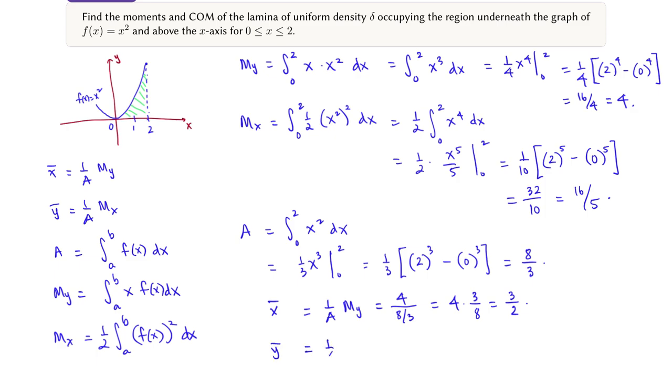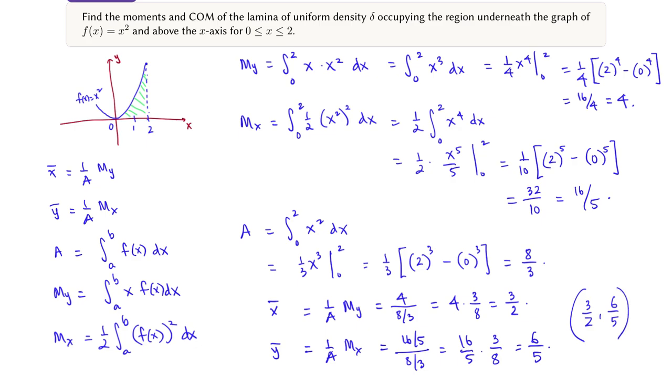Y bar is 1 over A times the moment about the x-axis, which is 16 over 5 divided by 8 over 3. This is 16 over 5 times 3 over 8. Simplifying this, we'll get 6 over 5. And so the center of mass is (3 over 2, 6 over 5).